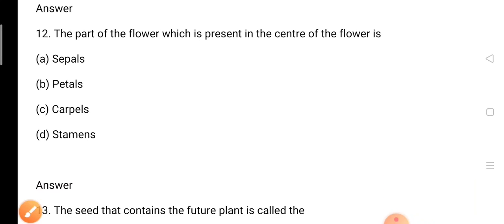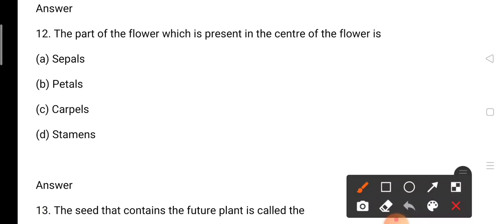Now the next question, the part of flower which is present in the center of flower is. So the options are sepals, petals, carpels, stamen. So we have discussed that carpel is the part of flower present at the center of the flower. It means option C is the correct answer.